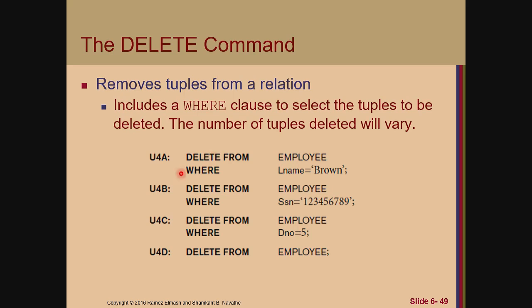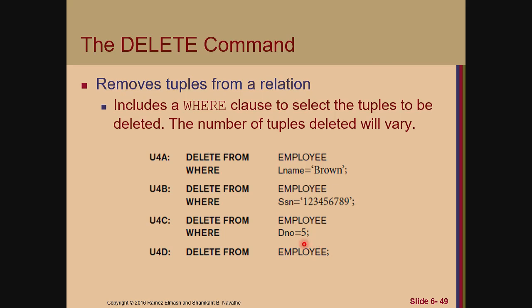Here, for example, if you delete from employee with the condition last name equal Brown, and you run this command, the employee who has the last name Brown will be deleted from the table. And here, employee SSN equal to this value will be deleted.